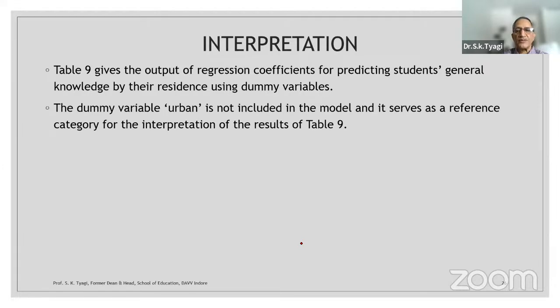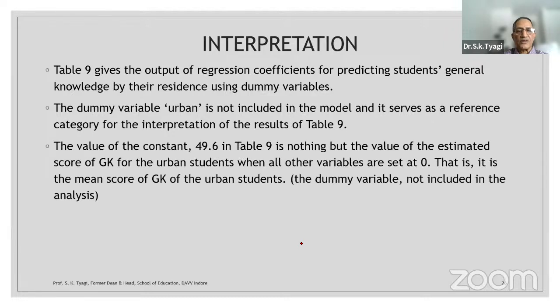Value of constant is 49.6 in table 9, and it is nothing but the estimated score of GK for the urban students when all other variables are set at 0. Rural is set at 0, semi-urban is set at 0. That is, it is the mean score of GK of the urban student, the dummy variable not included in the analysis.